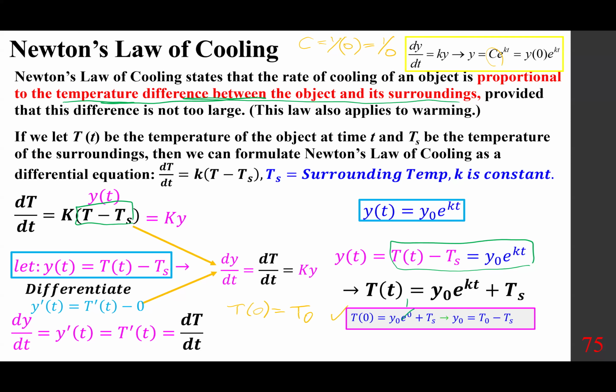At t equal to 0, what is the temperature? And so, as mentioned, capital T of t has this formula with y sub 0 being T sub 0 minus T sub s. So we proved the formula, and now we're going to look at a couple of applications.